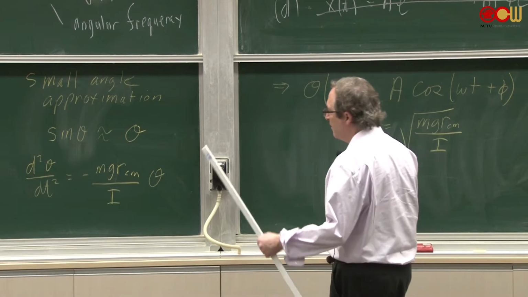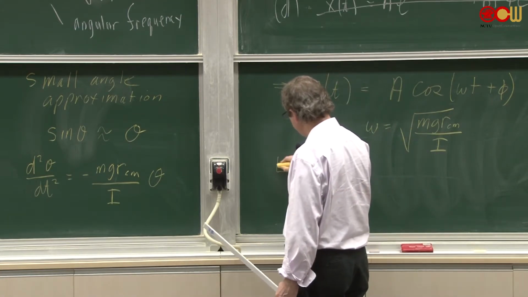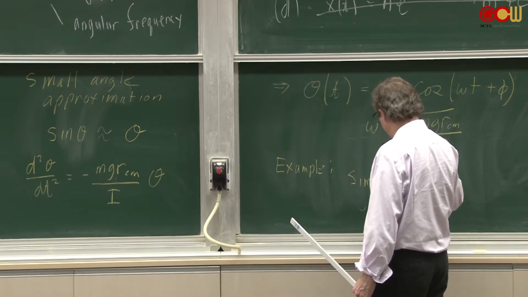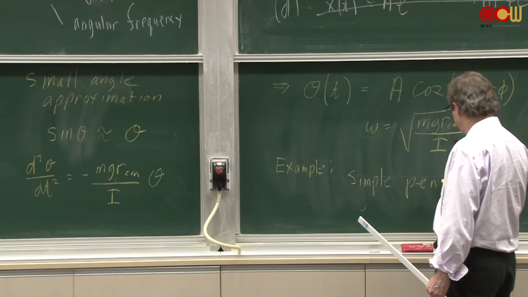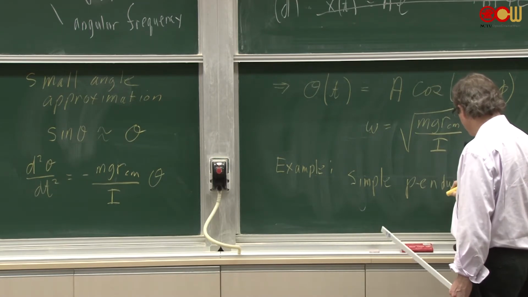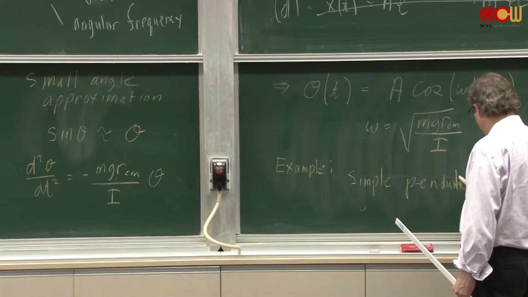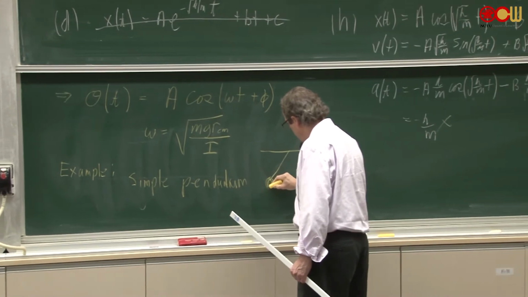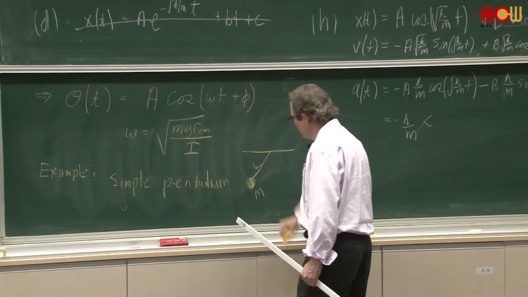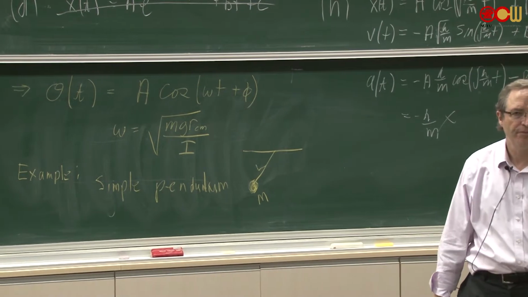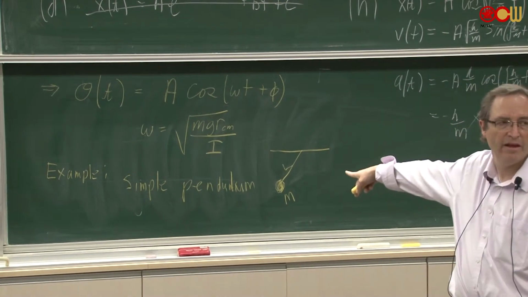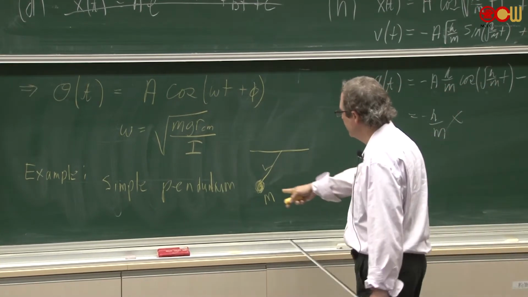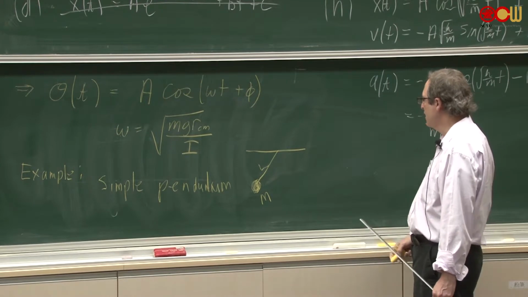Now let's do some simple examples. So a simple pendulum looks like this. Okay, so we have M and L. The string is massless, very light, and we have an object at the end, M. Okay?